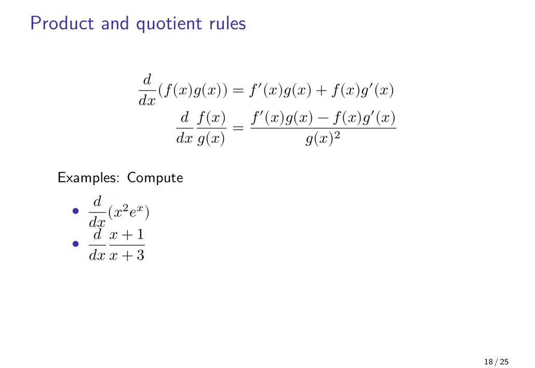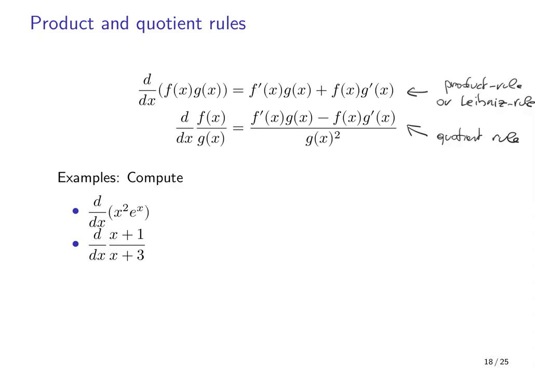What happens if you take the derivative of a product of functions, so f times g, or the derivative of f divided by g, a quotient? So this we will call the product rule or Leibniz rule, after the person that invented it. And then the second rule here, we will sometimes refer to this as the quotient rule.